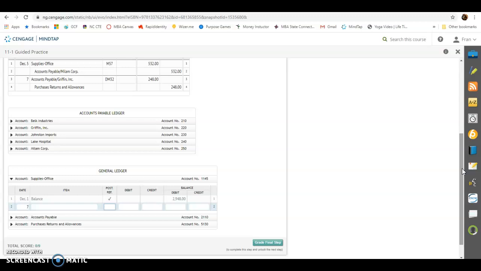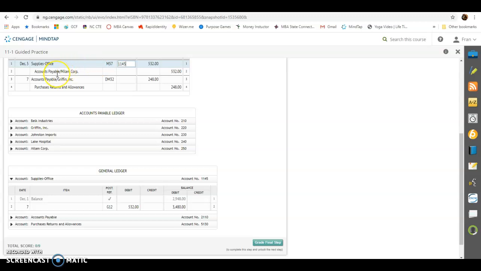So that means we're going to type in G12. This was a debit for $532. We had a debit balance. That means that we must add them together, which means the answer will be $3,480. The account number is 1145. We'll place it in here.